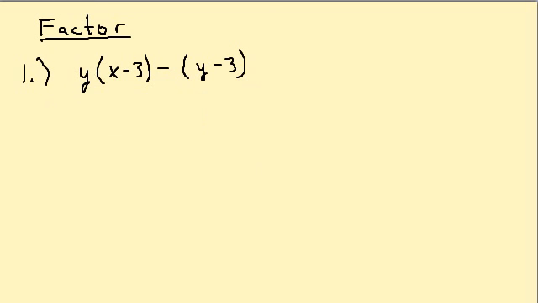And let's take a look at one more. Here I have y times y minus 3 minus y minus 3. I'm sorry, the x here should be a y. Now, once again, you can see I have a common binomial factor of y minus 3.